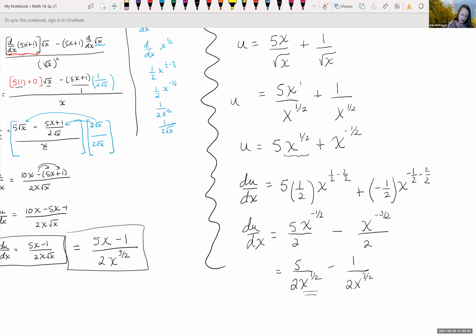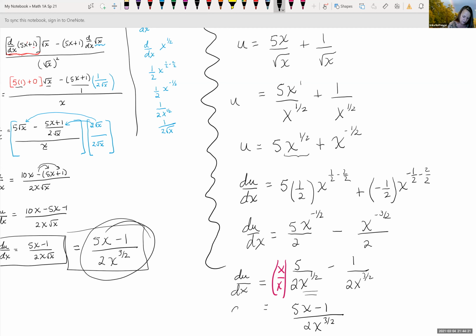And so if I multiply both the numerator and denominator by x, I would have my LCD, because 1 plus 1/2 is 3/2. And so now this is equal to 5x in the numerator minus 1 all over our common denominator, which we just got was 2x to the 3/2, which is the same thing we got right there.